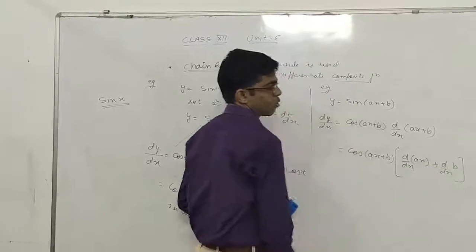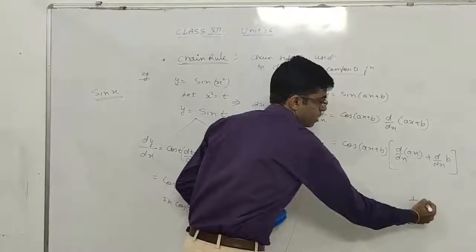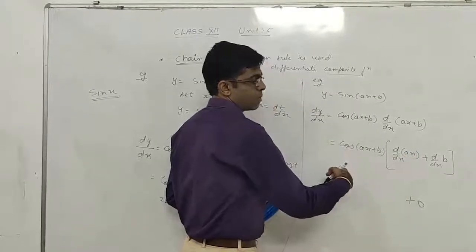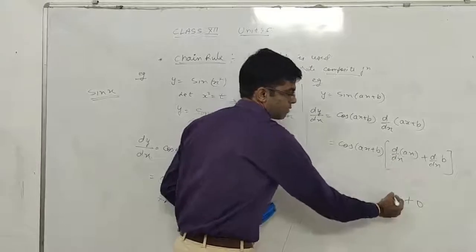We know that this b is constant. Constant का differentiation is 0, and ax, this a is the constant and here is x. So a will come outside and dx upon dx is 1.